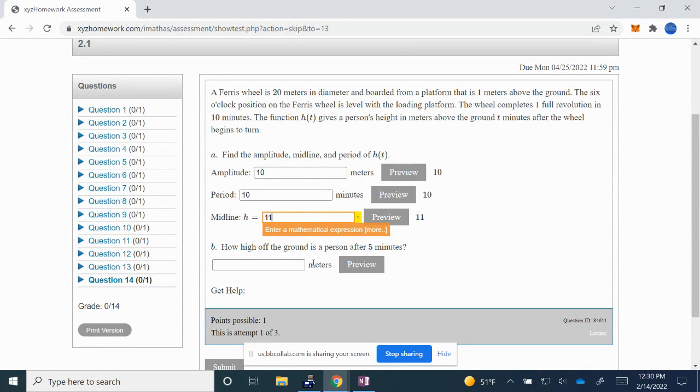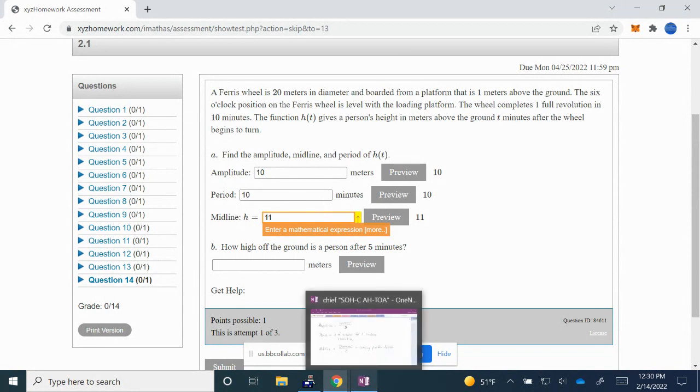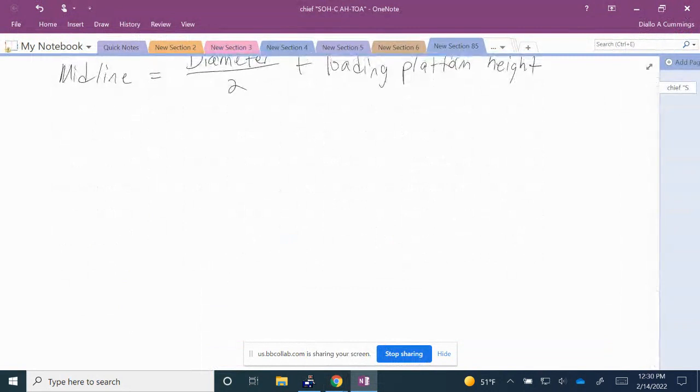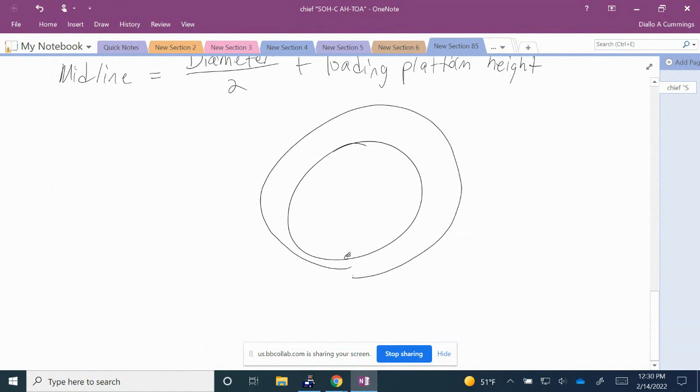I'm going to see if I can draw a diagram. So let's say we have our Ferris wheel, and you board on the Ferris wheel here, and it would take 10 minutes for you to travel one complete revolution. Keep in mind that this thing is 20 meters in diameter.